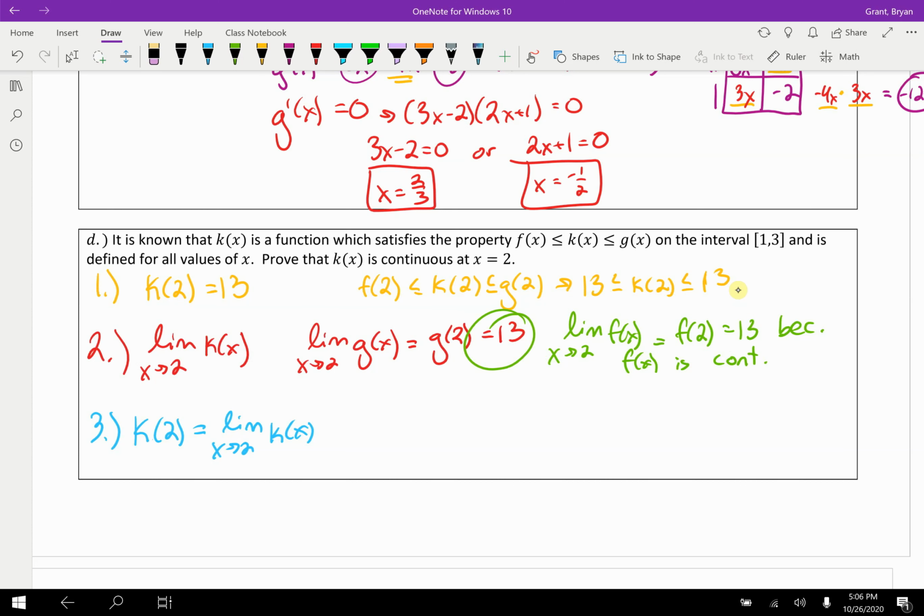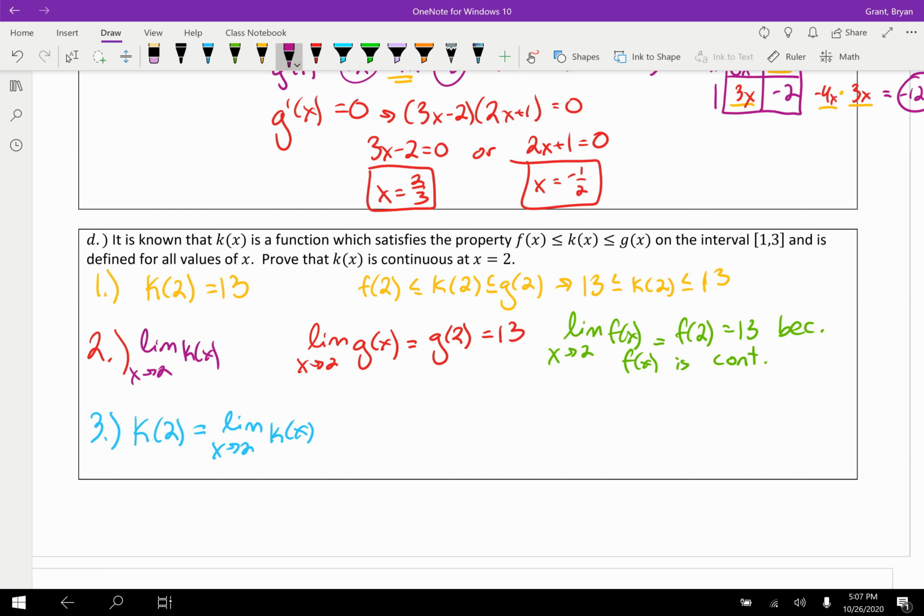That's exciting. And we also know that this setup is true, so I think we can conclude quickly for 2. So I would say that, and I should have probably done this in a different color. Let's do it in purple so it stands out. The limit as x approaches 2 of k of x.